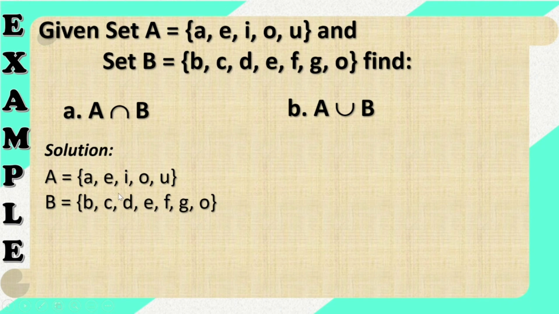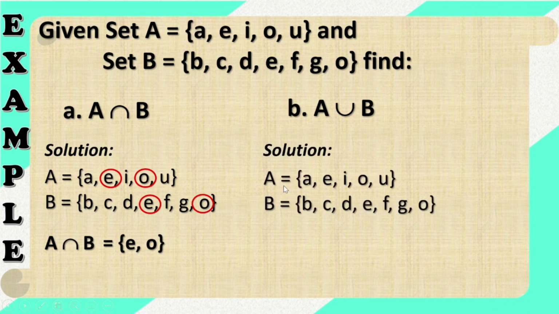So, pag sinabi natin intersection of two events, yung common sa two events. Okay, so we have E and O. Therefore, A intersection B has the elements E and O.